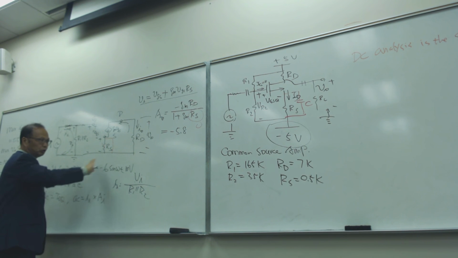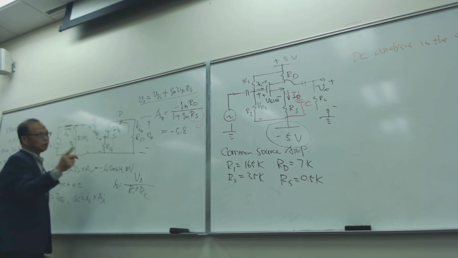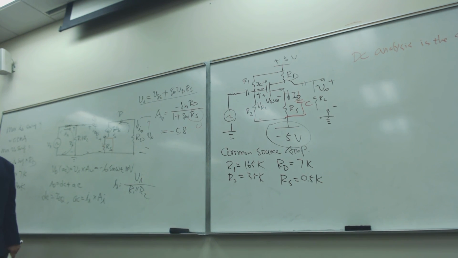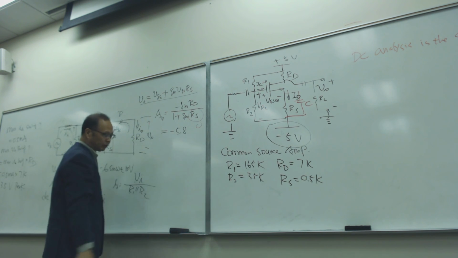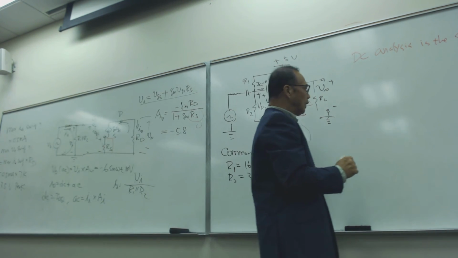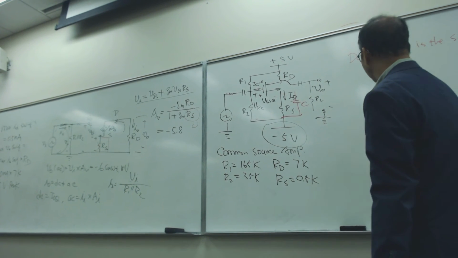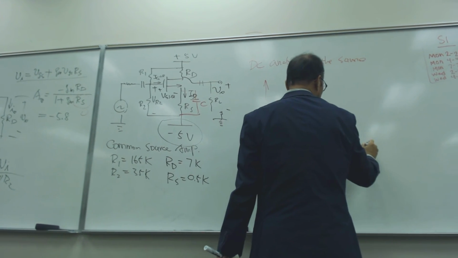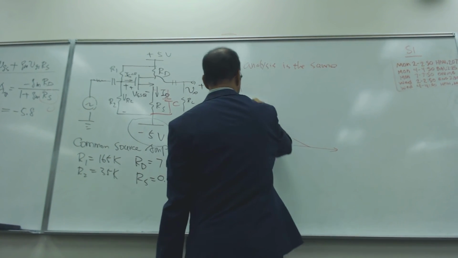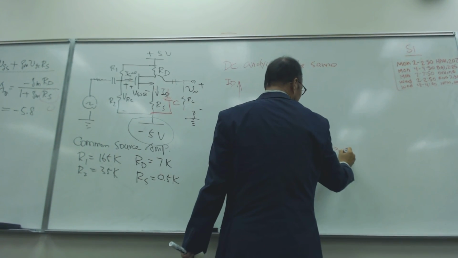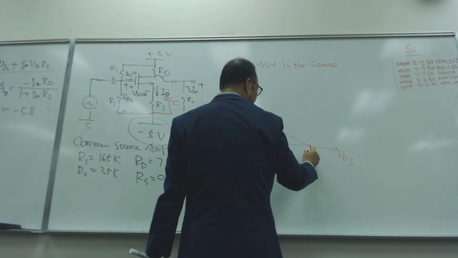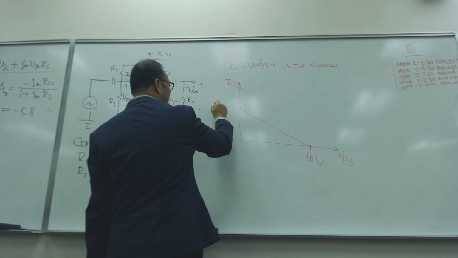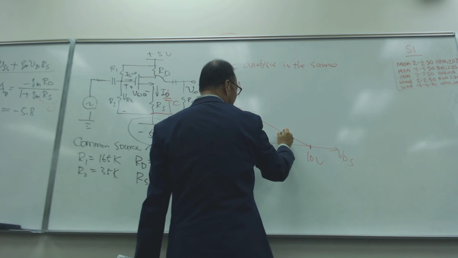I'm not going to do all this. You know how to do it. The equations for A sub B and A sub I are different by the fact that R sub S becomes 0. Now I'm going to do the AC and DC load line. The DC load line remains the same. What was this? 10 volt, right? What was this? 1.3 milliamp. The Q point is the same, right?